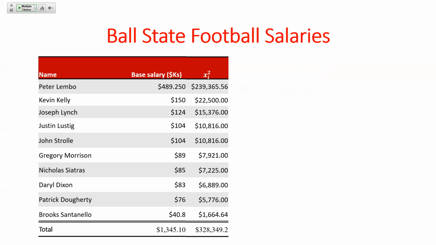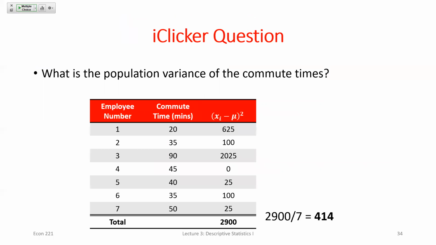Very clearly in our commute time data set, we have values that vary. Now, one of those observations was exactly equal to the mean, and so it added a 0 into that numerator. It was an observation that was evidence that there's no variation in the data set.